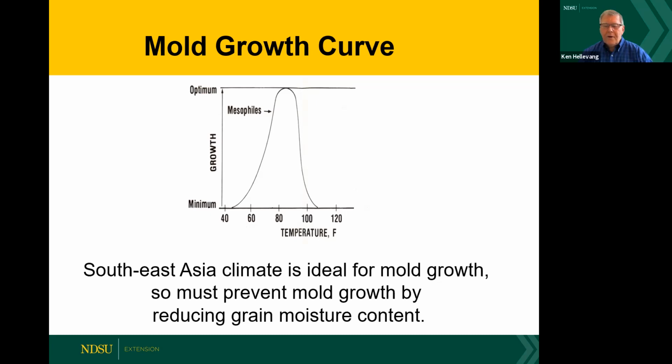And so for a majority of the time, particularly in Southeast Asia, we're looking at temperatures that are very conducive to mold growth. So in order to control that mold growth, we're going to need to make sure that the grain moisture content is low enough or dry enough to prevent that mold growth.